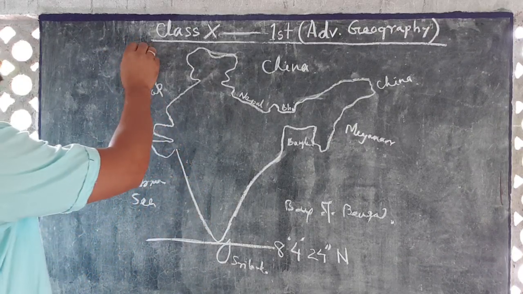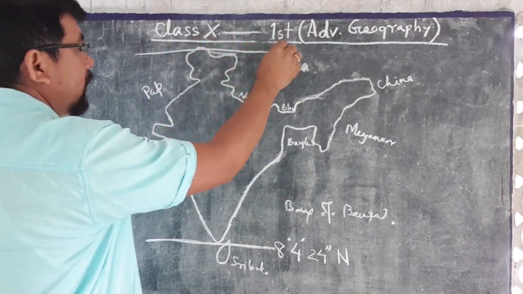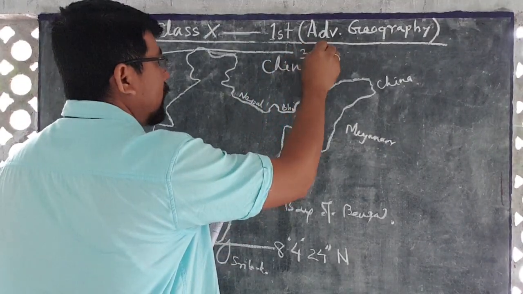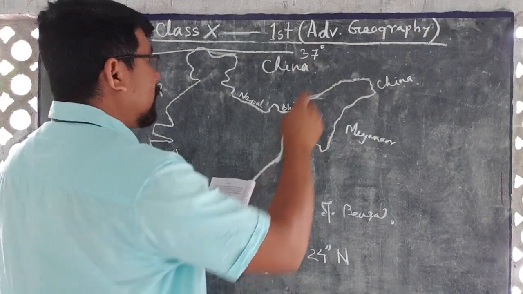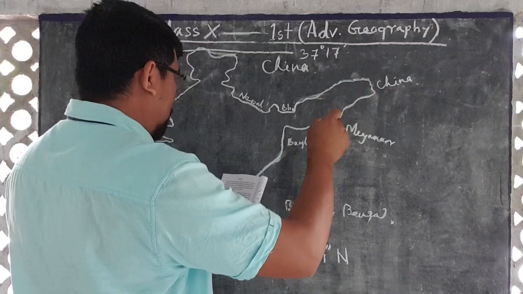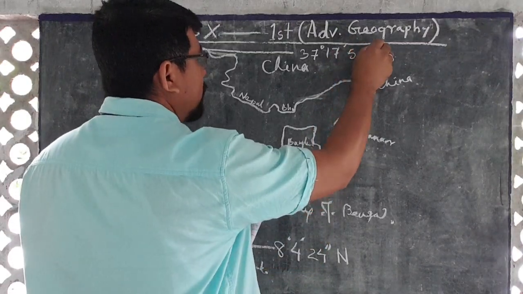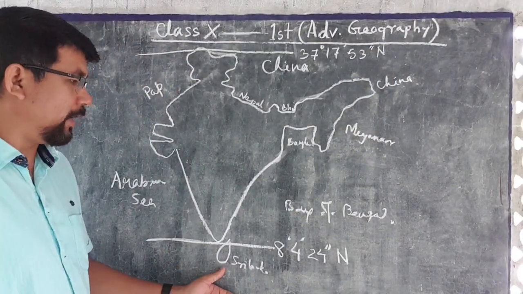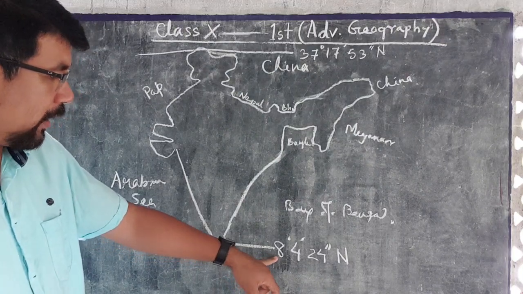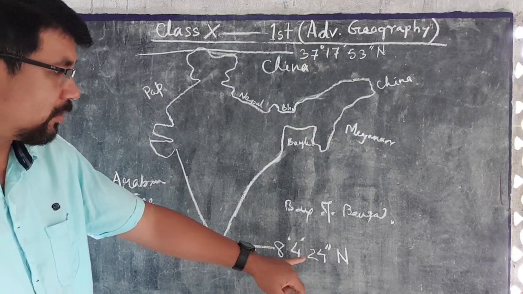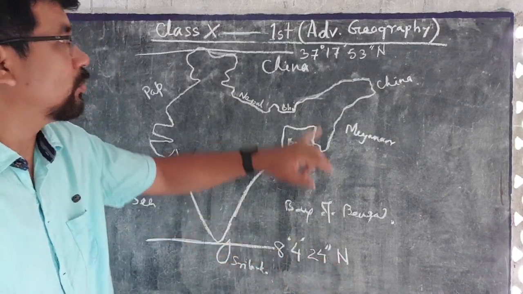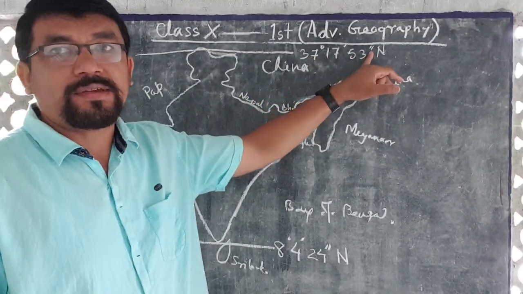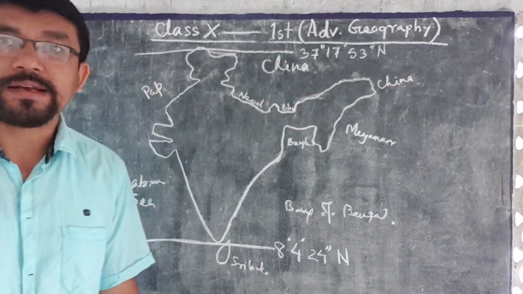And at the very north, that is in Jammu and Kashmir, it is 37 degree 17 minute 53 second north latitude. So the latitudinal extension of India is between 8 degree 4 minute 24 second north to 37 degree 17 minute 53 second north latitude. It is the latitudinal extension.